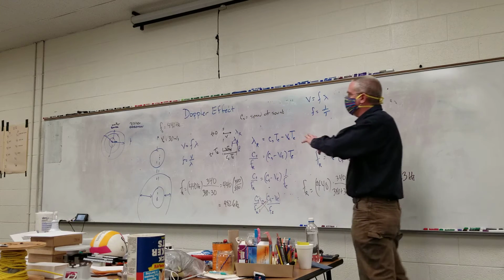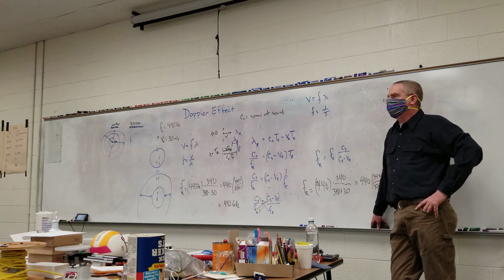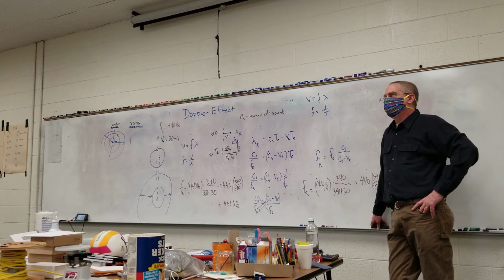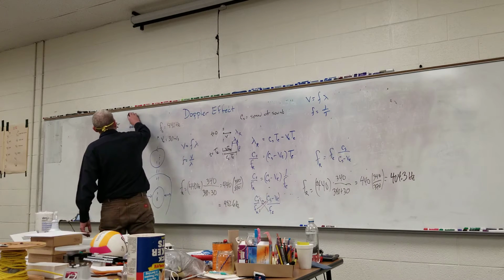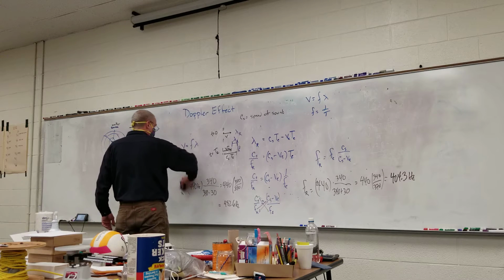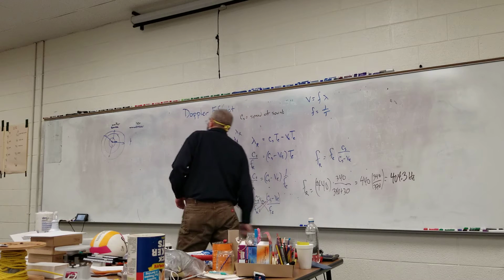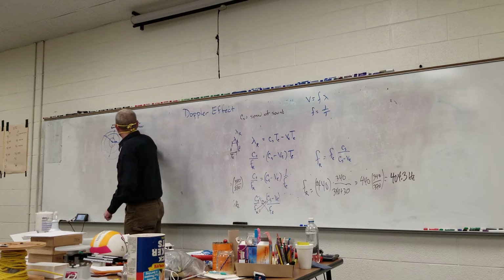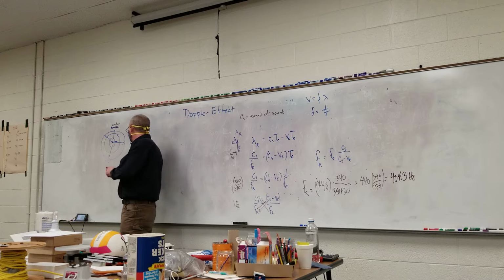Any questions on this before we switch it around and have the observer move? So now the receiver will be hearing a higher frequency because he is hitting these wavelengths sooner.